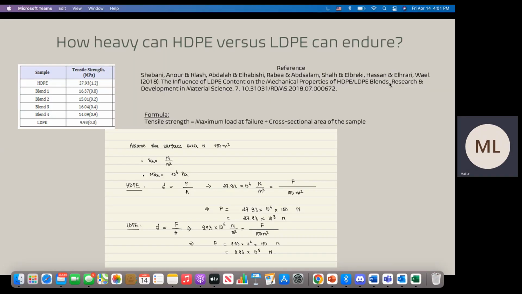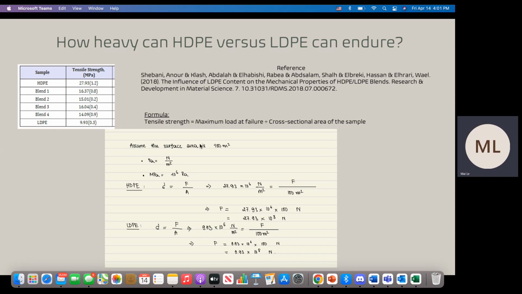So in here I did a simple calculation. I got the tensile strength that was conducted through experiment of the HDPE material and LDPE material right here. We also have the data of many blended samples. For HDPE, the tensile strength is going to be 27.93 megapascal, and LDPE is going to be 9.93 megapascal.